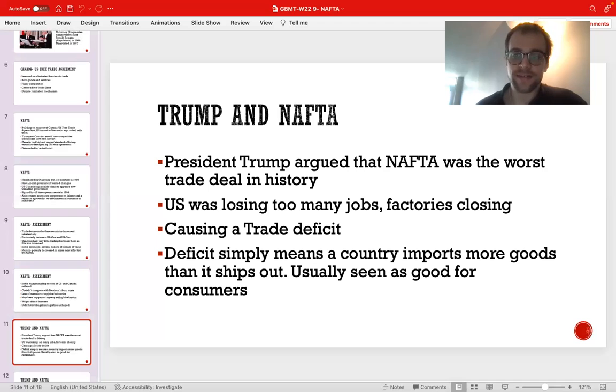Trump felt that the United States as a whole, as well as the US worker, was being taken advantage of, and that NAFTA was hurting the United States and helping Mexico.